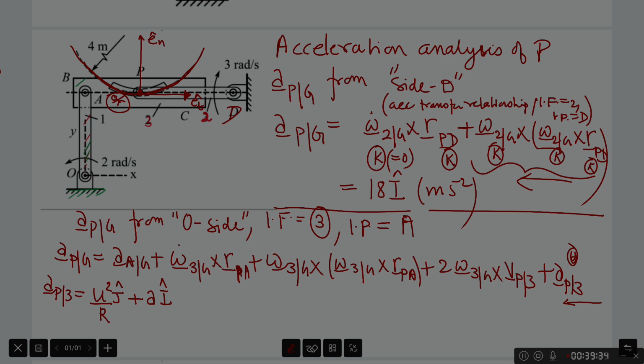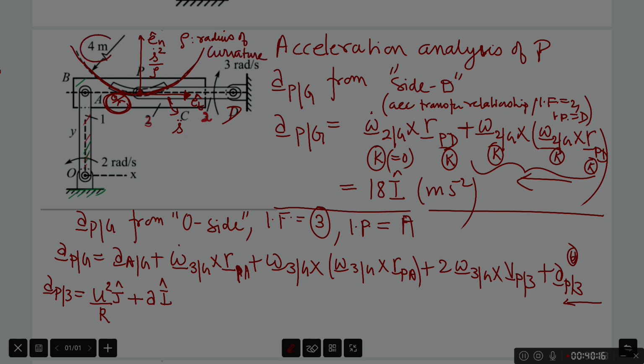Based on what we have studied so far in this course, the two components of acceleration of P as seen by this observer are, along et, s double dot, where s is the coordinate of the path coordinate system. We have studied this before. And the component of acceleration along en is s dot square by rho, where rho is the radius of curvature of the trajectory.